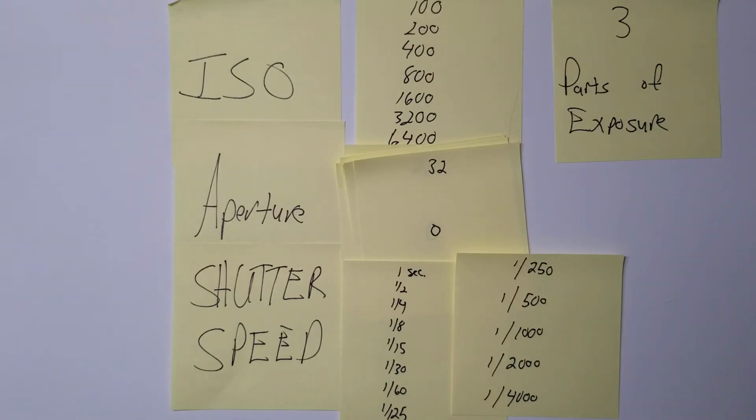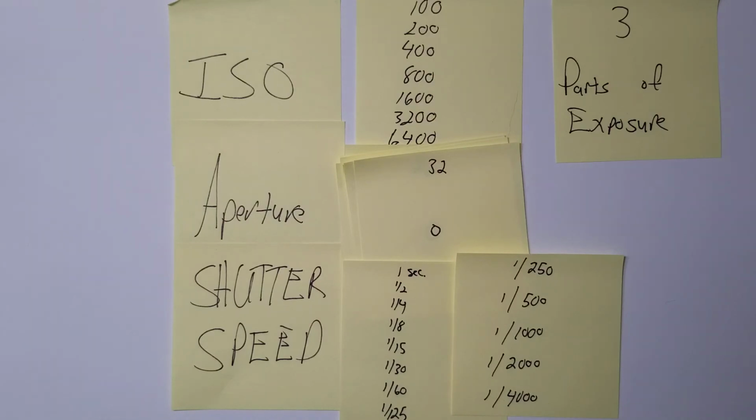And then it goes 30, 60, 125th, 250th, 500th, 1,000th, 2,000th, 4,000th of a second, okay? That goes from slowest to briefest.